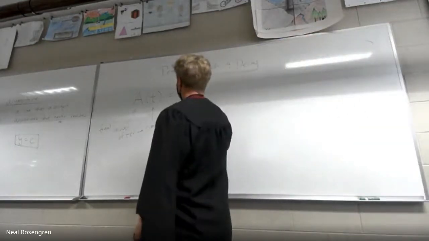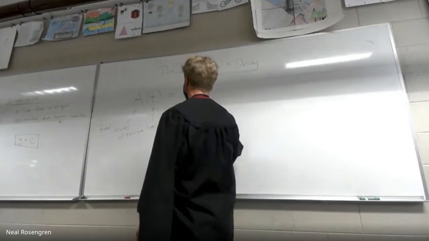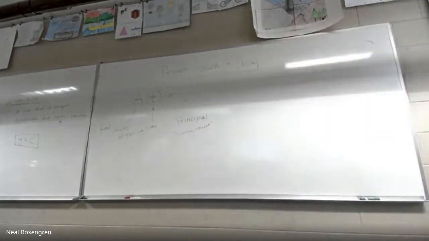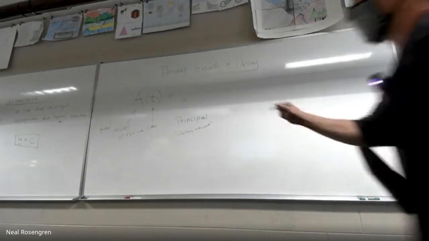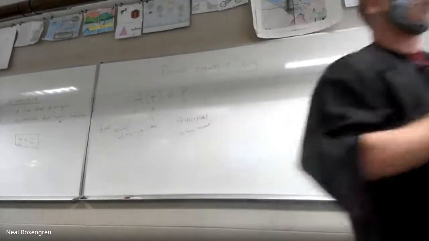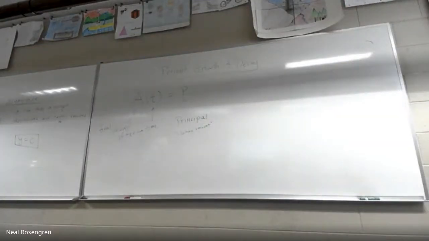And it's called the principal. Spelled like principal of a school, same thing. So I'm going to use the letter P. It means principal, but it's not the same definition as principal of a school. It just means starting out. And that would make sense because that's always been our start.